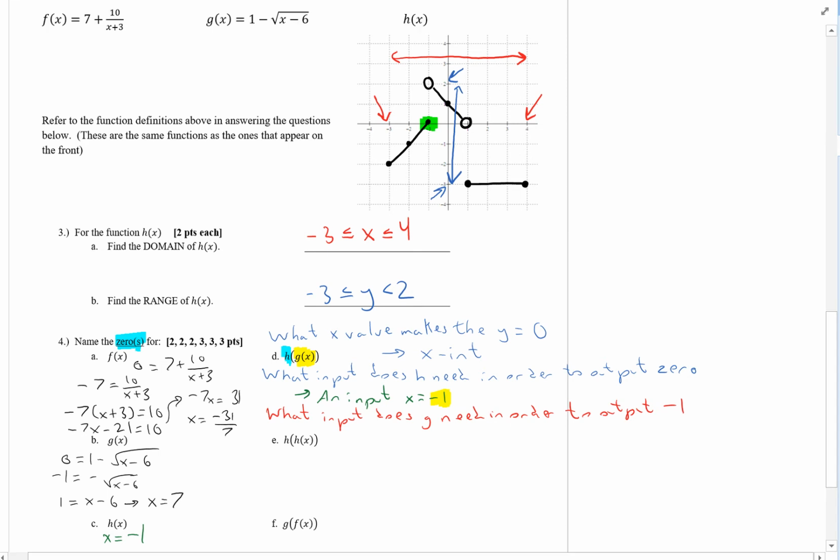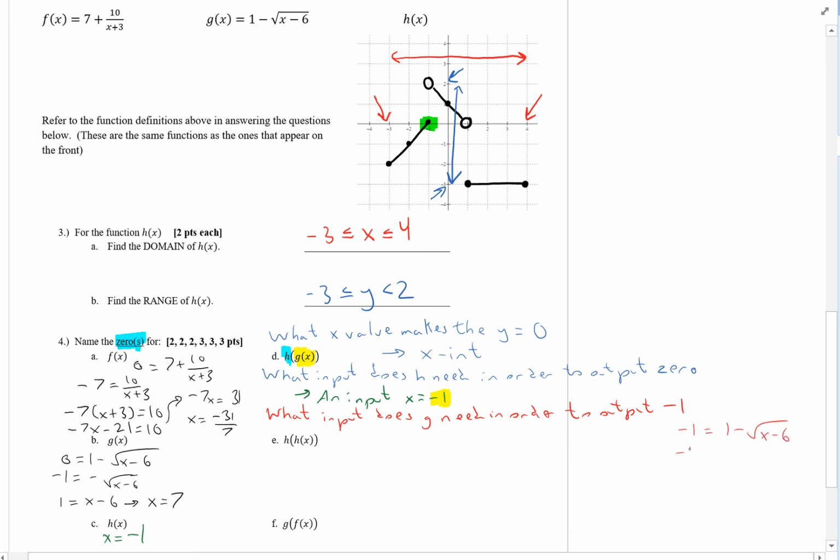So now we can solve this by plugging in -1 for g. -1 equals 1 minus root of x minus 6. Let's actually move that all the way over here. -1 equals 1 minus root of x minus 6.